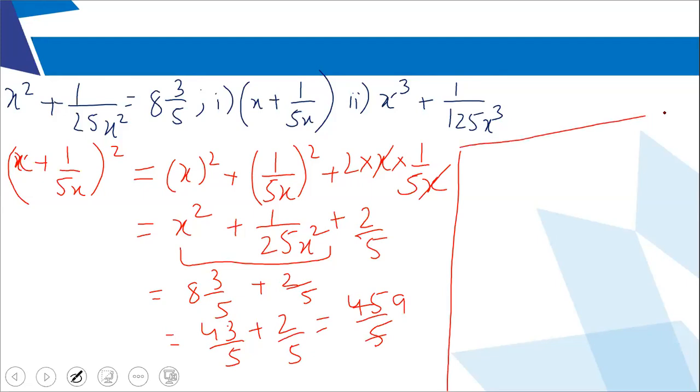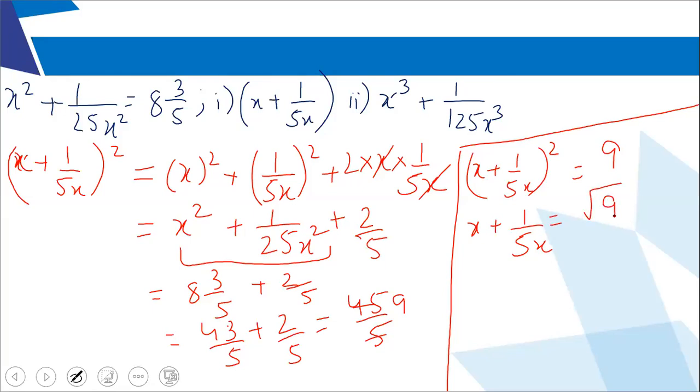After that, you will write x plus 1 upon 5x whole square is 9. So x plus 1 upon 5x is equal to square root of 9, which is plus minus 3. So this is the first part.